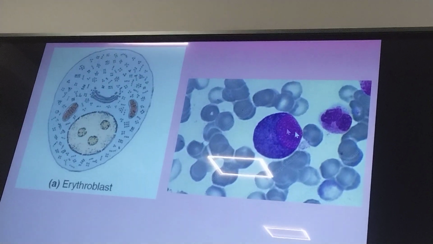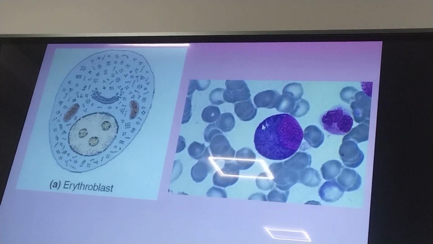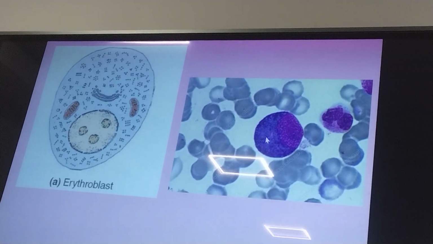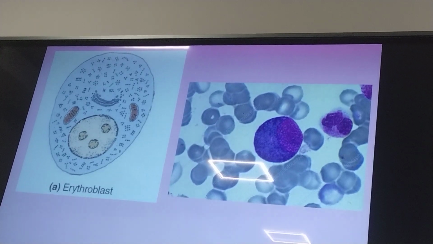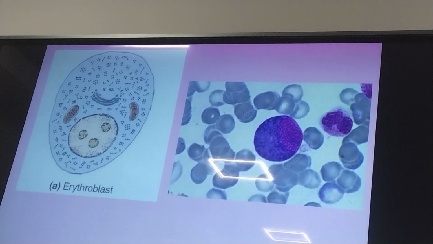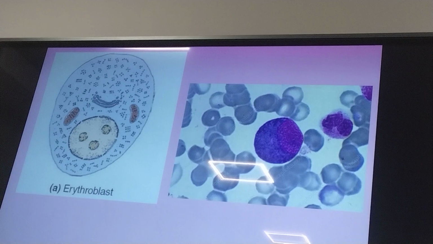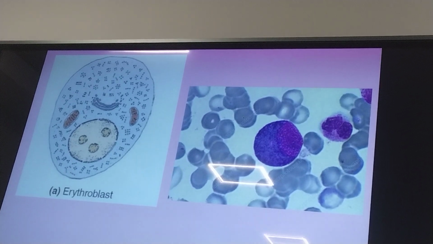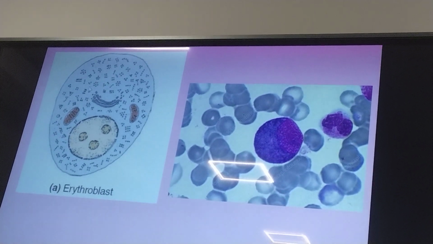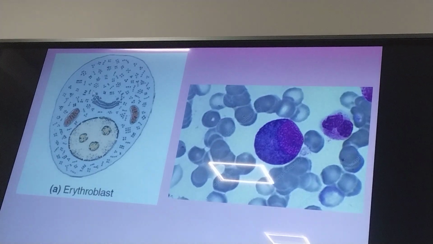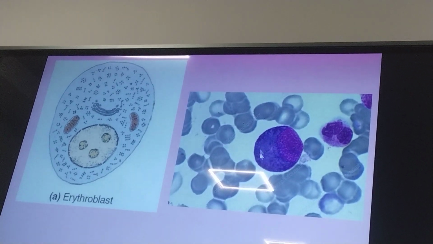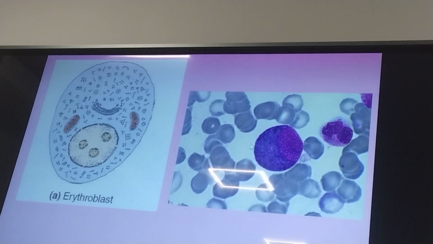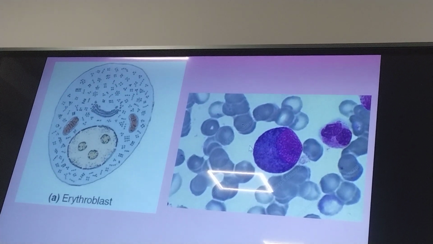The nucleus is purple color, you see, and the cytoplasm is blue. And why? Because erythroblast starts synthesizing the hemoglobin, right? Before the hemoglobin is made, we have a lot of free ribosomes here and endoplasmic reticulum, which makes the blue color of the cytoplasm, right?